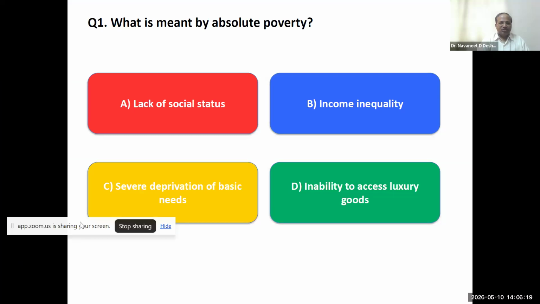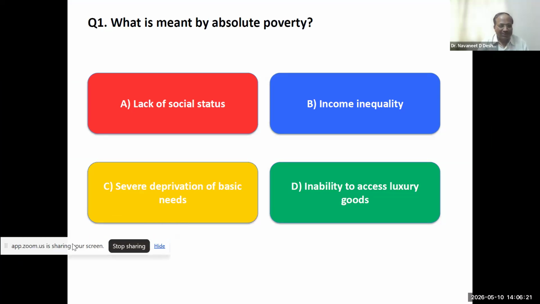So let's start today's revision class with the quiz. We'll see the 1 mark questions. The first question is, what is meant by absolute poverty? A, lack of social status. B, income inequality. C, severe deprivation of basic needs. D, inability to access luxury goods.